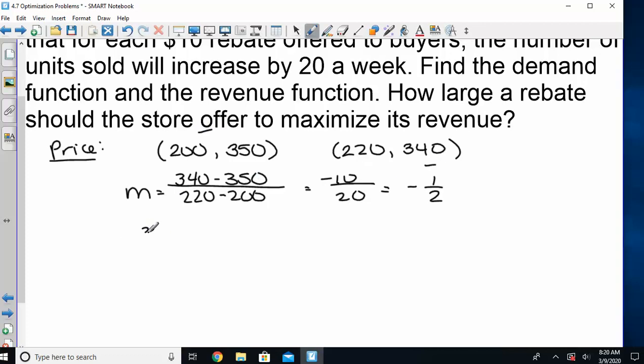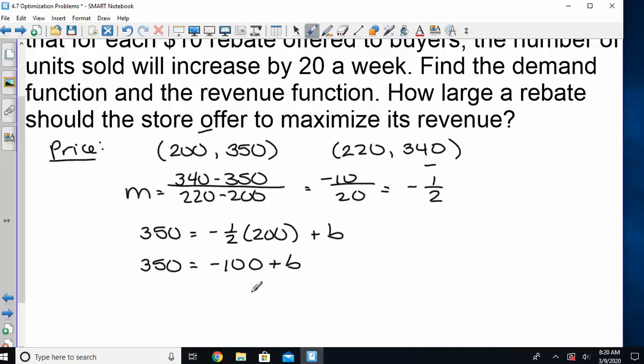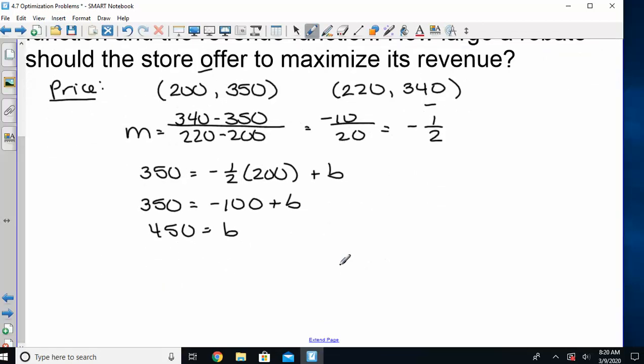Slope, plug into y equals mx plus b. Intercept is 450, so my price equation is -1/2 x plus 450.